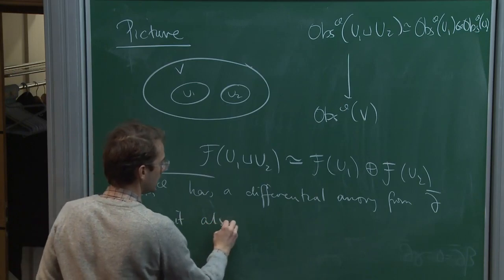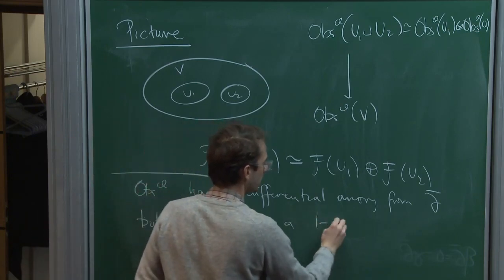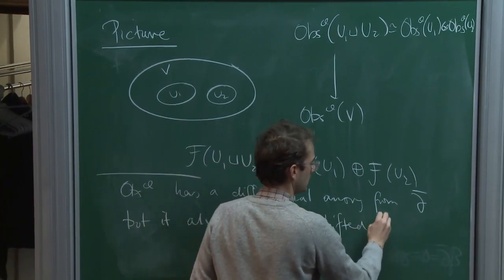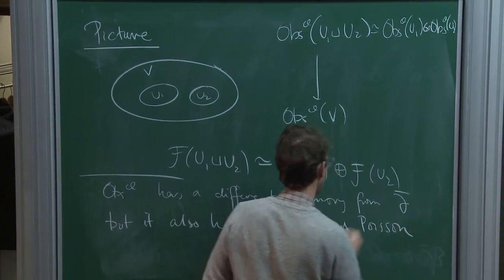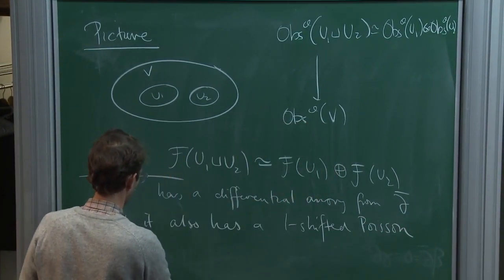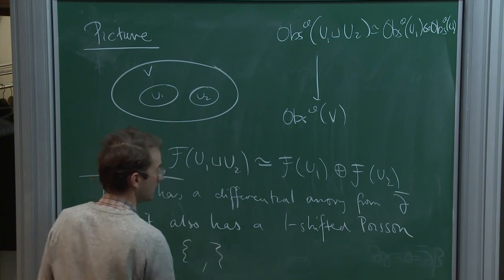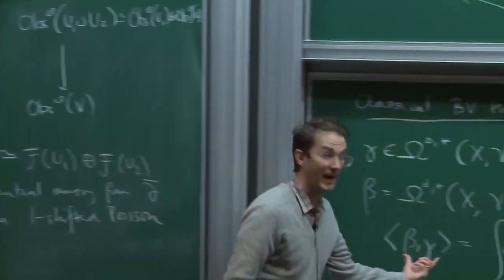But it also has a one-shifted Poisson bracket, often called the BV bracket or antibracket, which just comes from this pairing here.